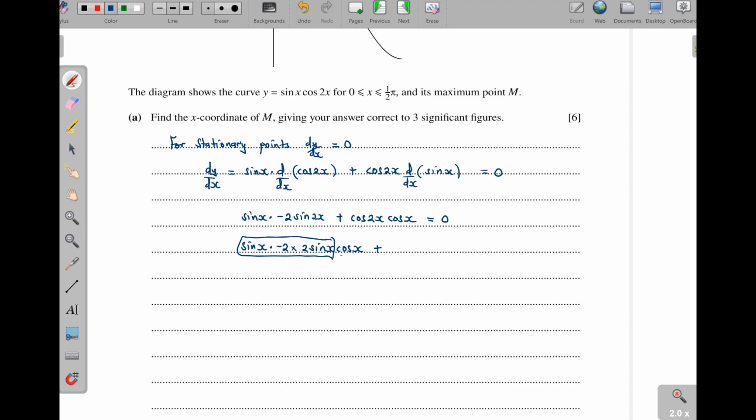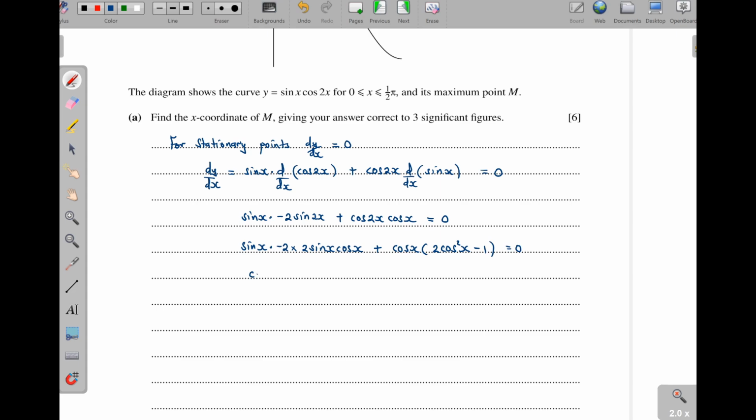But since here I'm having cosine, and this one is not squared, I can express this sine squared in terms of the cosine. Here, let me first put the cosine of x here. And then I express this one in terms of cosine, which is going to be 2 cos squared x. Check in the list of formulae, all of these are given where there is trigonometry. Then minus 1.